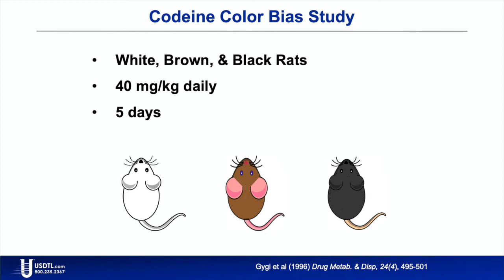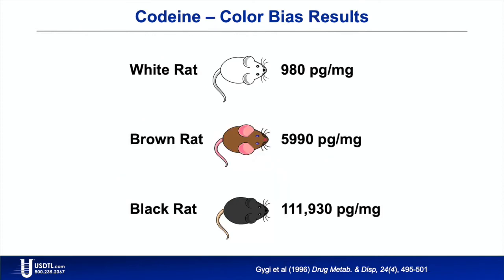And then they sampled the hair from each of these rats and tested them for codeine. The white rats had 980 picograms. The brown rats had 5,900. And the black rat had 111,000 picograms per milligram of codeine in their hair.